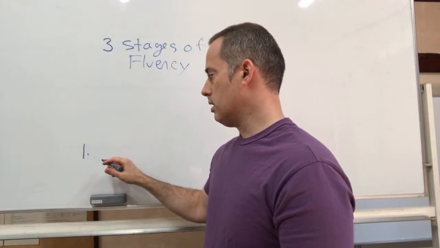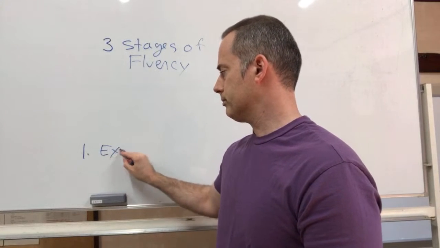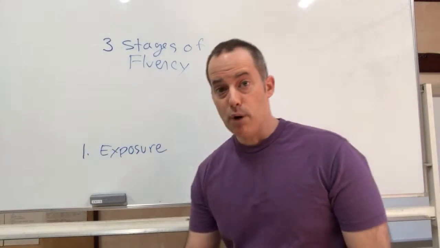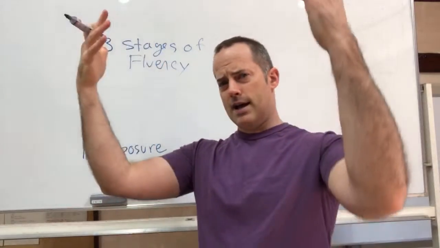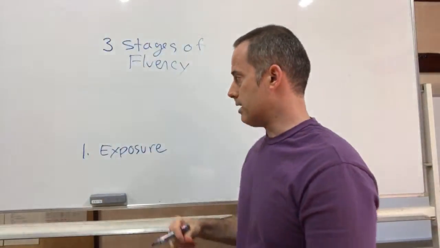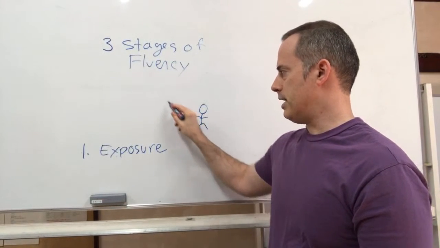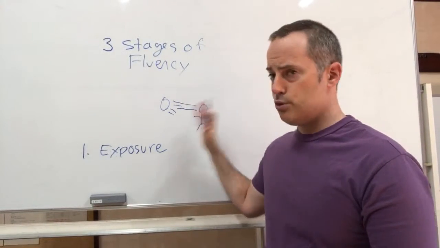So number 1 is very simple. We're just talking about exposure. To be exposed to something means, like, if I'm outside and I'm getting exposed to the sun, I'm not covered, there's nothing blocking me. So if I have a little person here, and here's the sun, the sun is hitting me, I'm exposed to the sun.